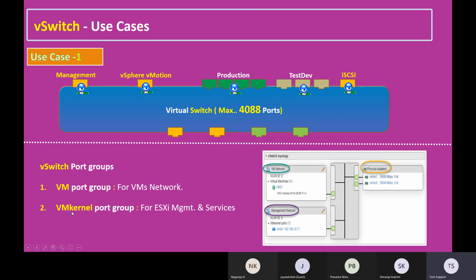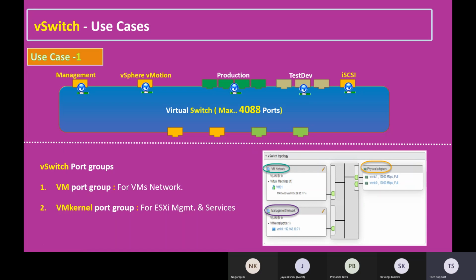Similarly, for ESXi host management, we use a management port group, and for vMotion purposes, we need to create an additional VMkernel port group. Suppose you want to access storage. We have multiple types of storage: local storage, network attached storage, iSCSI SAN, and Fibre Channel SAN. iSCSI is also one of the storages. iSCSI full form is Internet Small Computer System Interface.